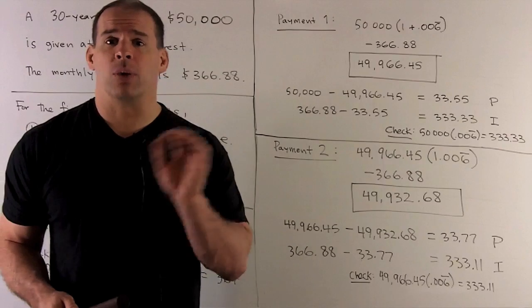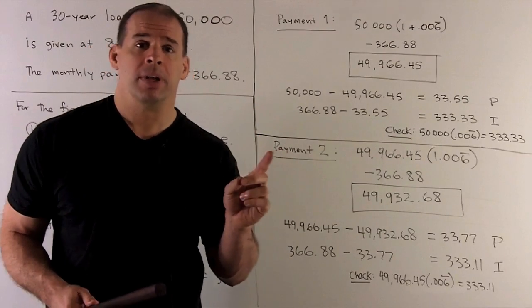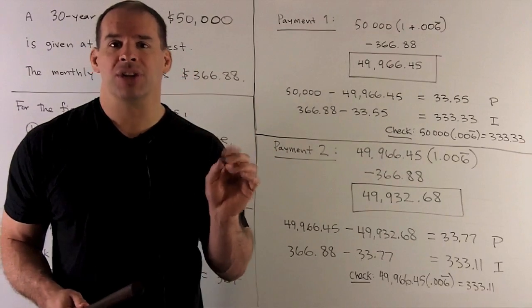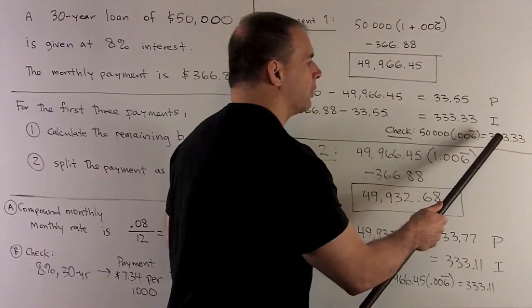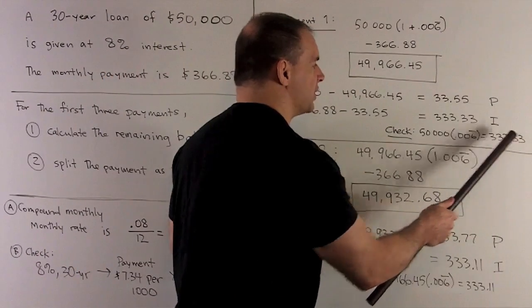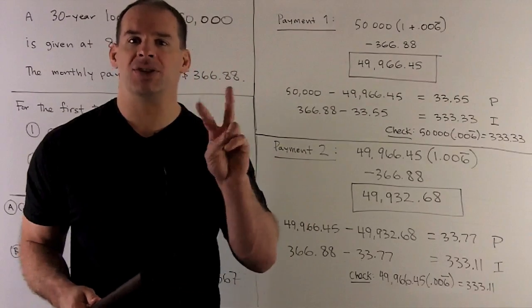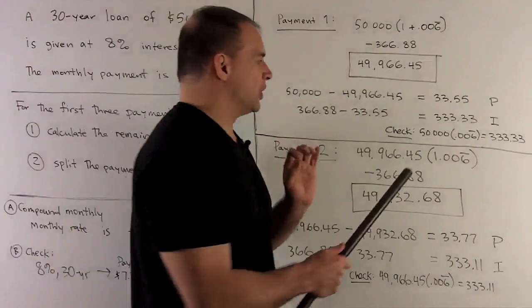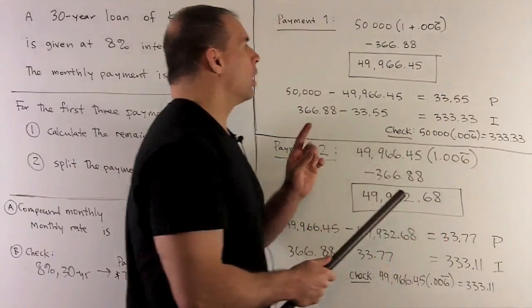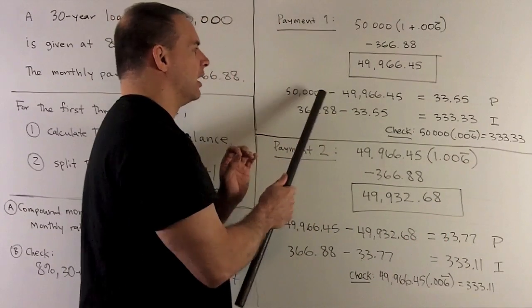Of course, we could go the other way around to check our work. I multiply the $50,000 times 0.006 repeating. That gives me the interest, $333.33. So there's two ways to go about this. You can either find the interest first by using your interest factor, or you can get your principal by taking the difference.